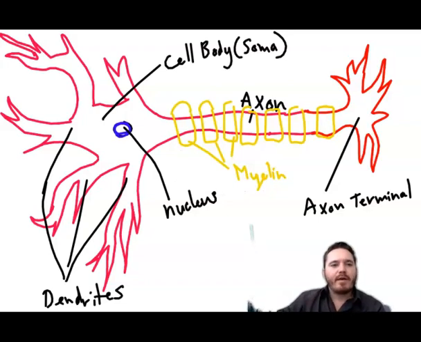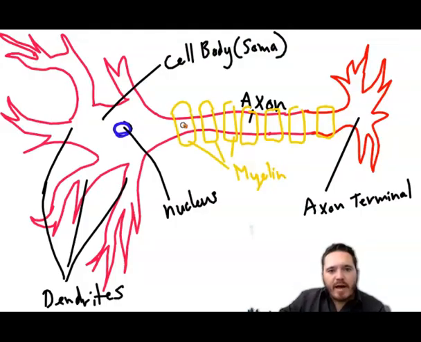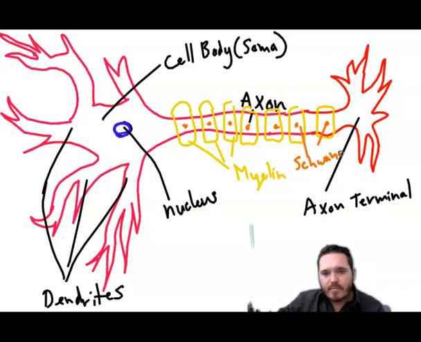Okay, and then you have these cells within the myelin that produce the myelin that are called the Schwann cells. The myelin helps to transmit the signal faster as it moves along the axon.